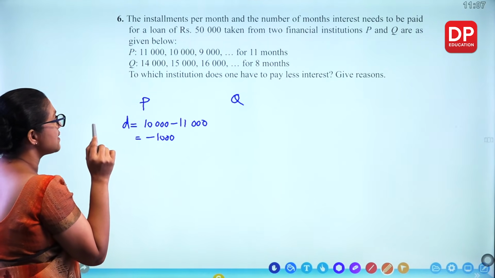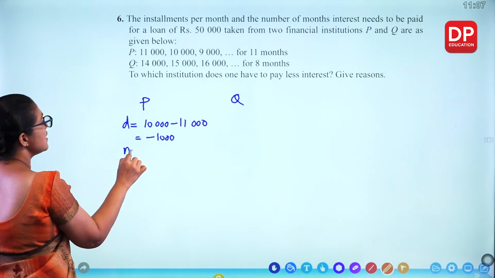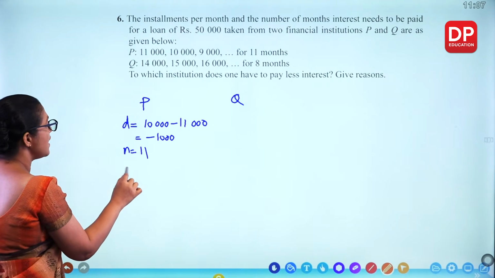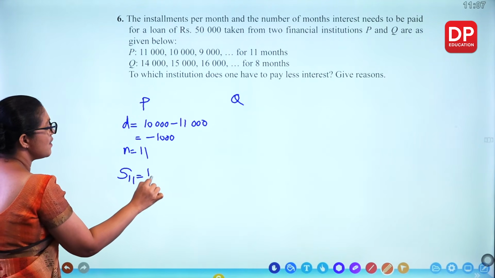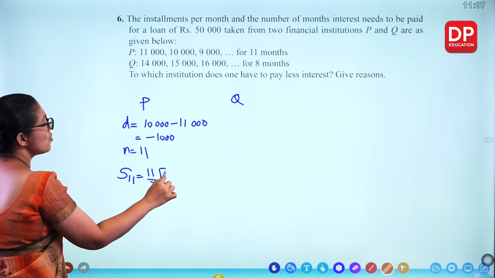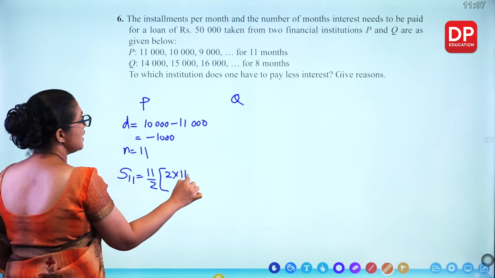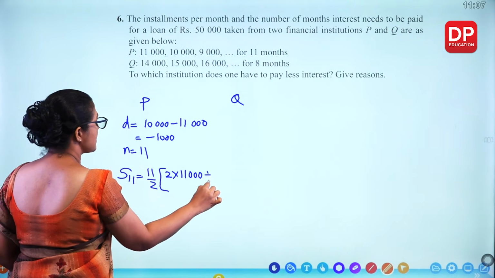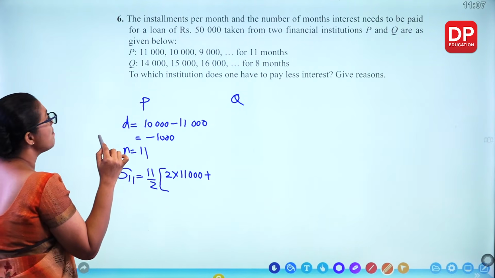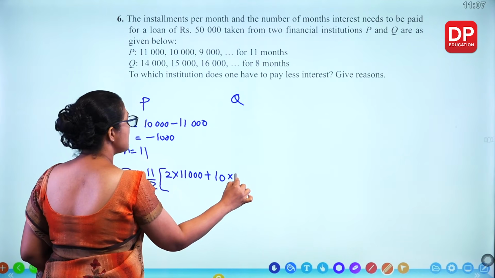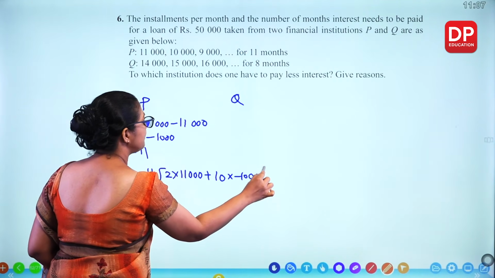For 11 months, that means N equals 11. So we can use the formula S11 is 11 over 2, 2A. What's the first term? 11,000 plus 2A plus N minus 1 is 10D. D is minus 1,000.